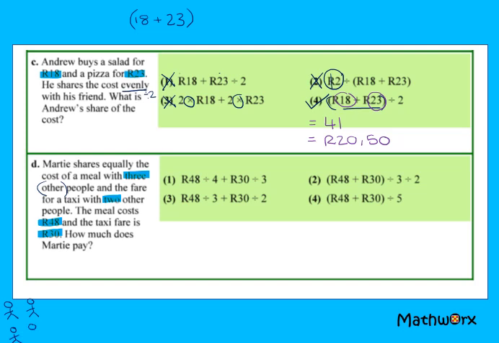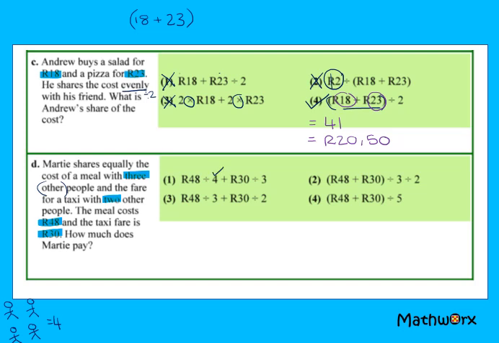Let's draw here. Okay, so how many people are we all together? 4. So the cost of the meal, the 48, needs to be divided by 4 people. So if we look at number 1, 48 divided by the 4 people, we are correct.